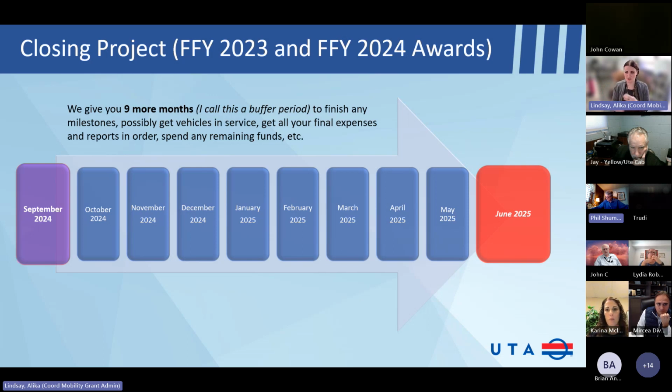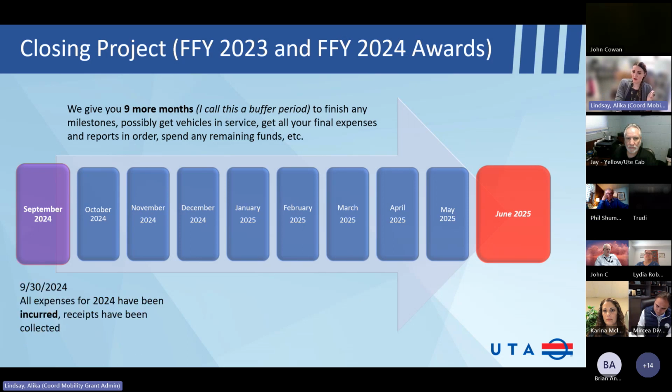Maybe you're getting your vehicles into service, or you're getting any final expenses and reports in order, or maybe you don't have a vehicle yet, that's fine, but you're finishing invoicing us for your operations, all of that stuff. So I do give you this buffer period to give you more time to make sure you're finishing your projects.